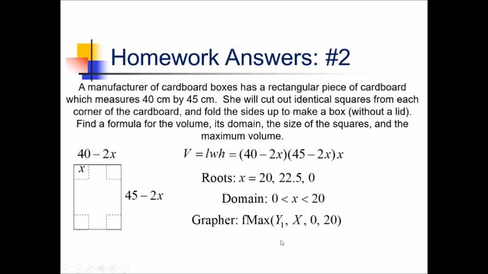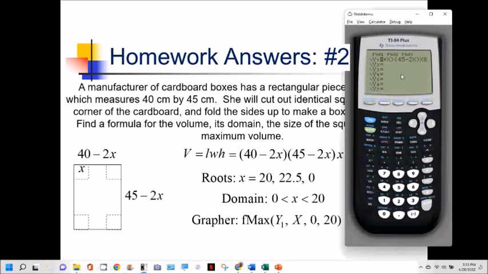Let's go ahead and look at how this looks on the calculator now. So here I am in my calculator, and I did y equals, and off camera I entered my volume formula with all those parentheses and this little x at the end into my y1. I'm now going to quit out of that, and I'm going to do the fmax function. That's going to be math 7.